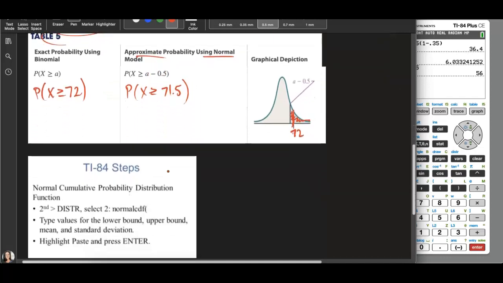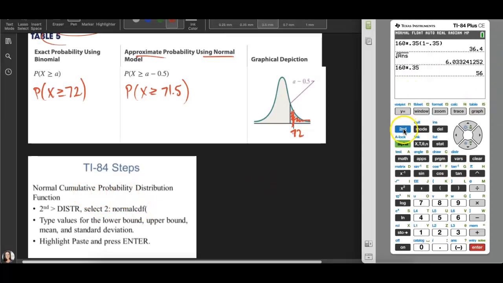Okay, so now we've got this value. I'm going to return back to my calculator and use the normal cumulative probability distribution. So I will find that underneath the distribution menu, the normal CDF. And I put in this information earlier. So our lower bound is now 71.5, because remember we wanted to capture the 72.